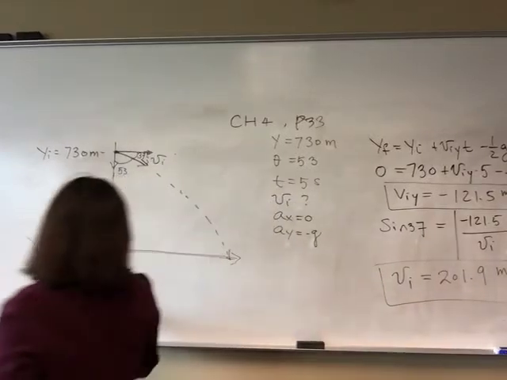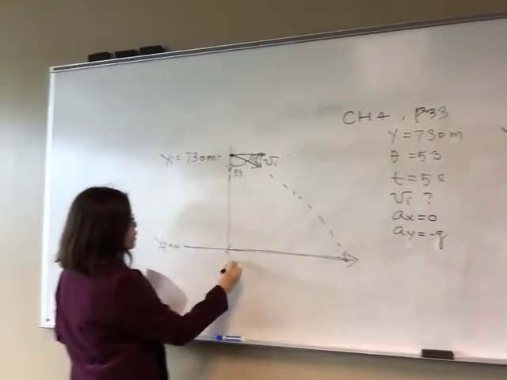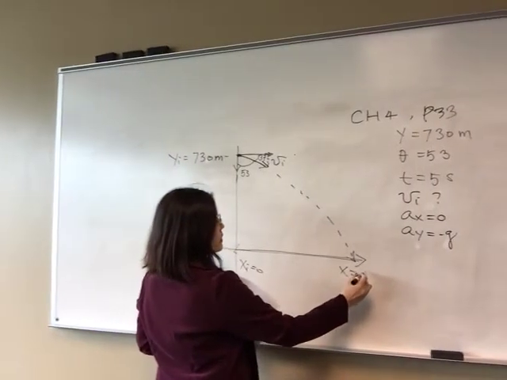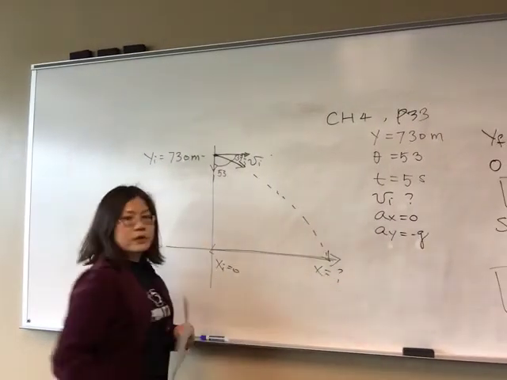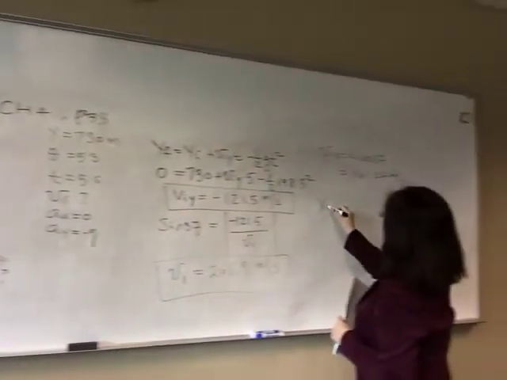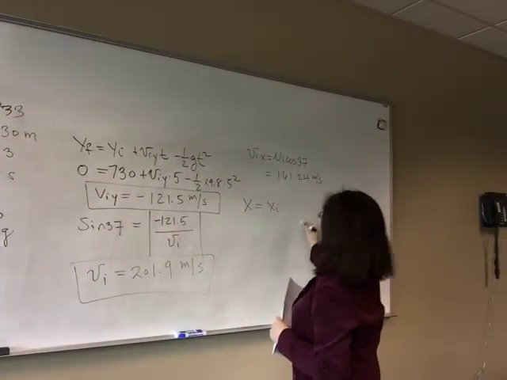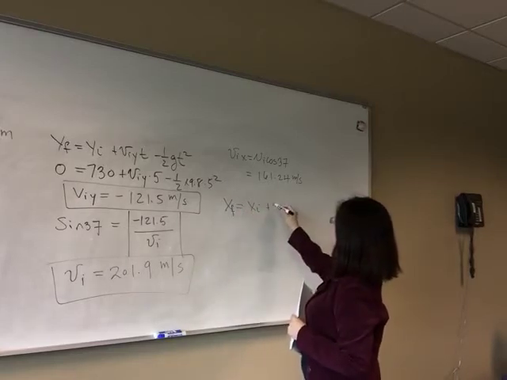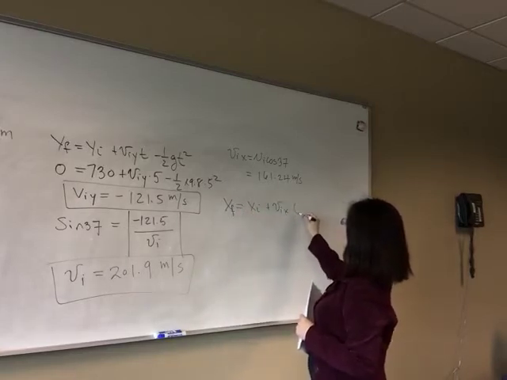Now, if we define the initial position to be 0, and the final position is what you're asked to find, we can use one of the equations of motion, which is the final position is equal to the initial position plus the initial velocity times time.